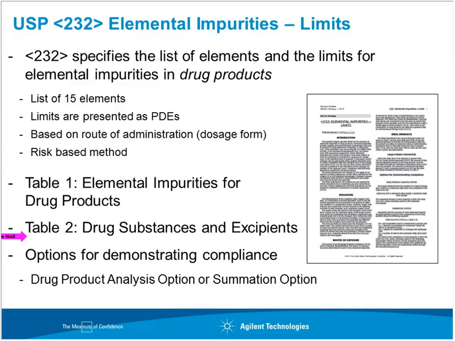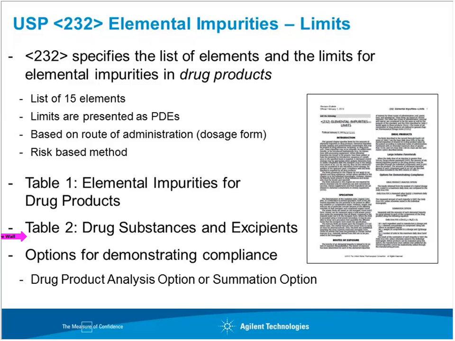But the idea of having Table 2 in there is that elemental impurities in drug substances and excipients should be known and should be controlled so that drug product manufacturers can use the information. But again, they're not held to the same limits as drug products. Interestingly, in some cases, the elemental impurity limits may actually be exceeded in drug substances or excipients, and in some cases that's okay.